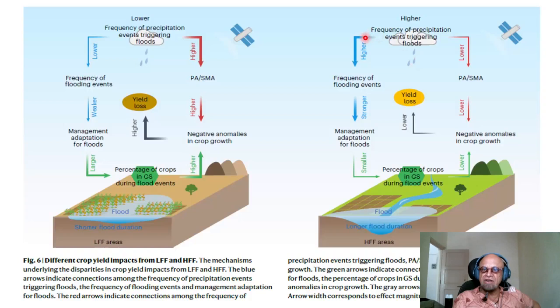So you are going here now, higher frequency of flooding events is stronger, management adaptation for floods tends to be smaller, so percentage of crops in GS during flood events and flood of longer duration as opposed to shorter duration here. So if you have lower precipitation events triggering floods, translating to soil moisture, etc., leading to lower negative anomalies in crop growth.